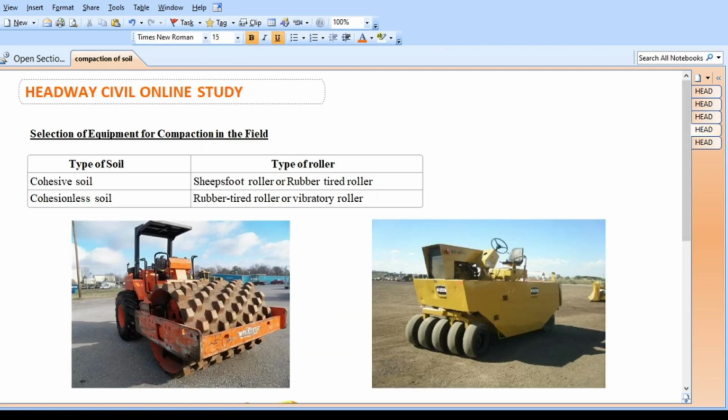Next, moving on to the selection of equipment for compaction in the field. Depending upon the type of soil, we select the compacting equipment. For cohesive soil, the compacting equipment selected is the sheep foot roller or rubber tired rollers. And for cohesionless soil, the equipment selected is the rubber tired roller or vibratory roller.